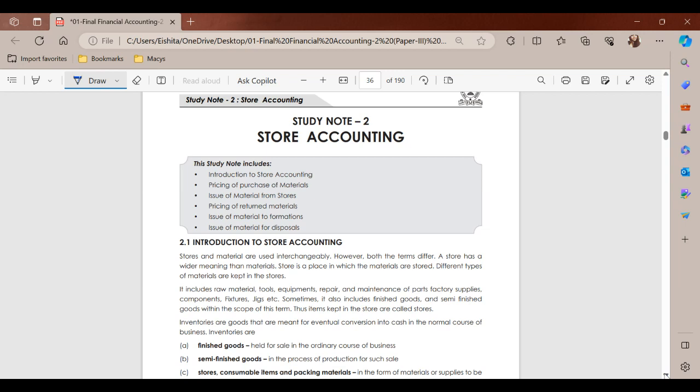A has different material than B, than C, than D. So each process will have different material and a decentralized store, but mind you, having a decentralized store in a company is a costly process.